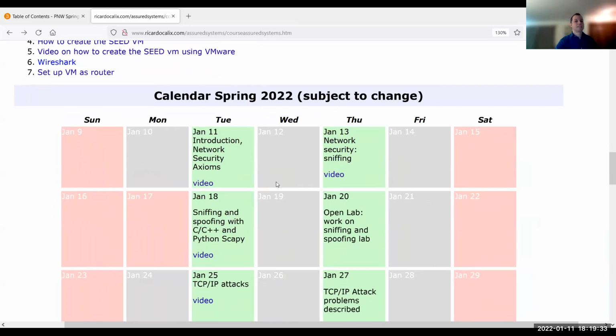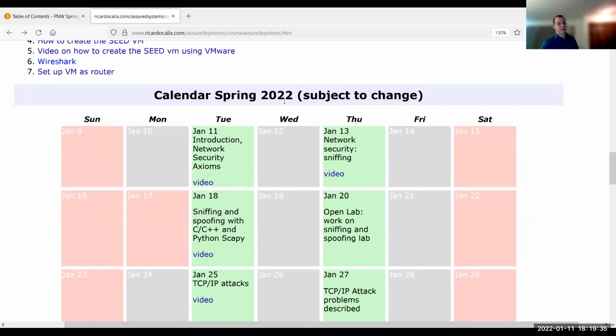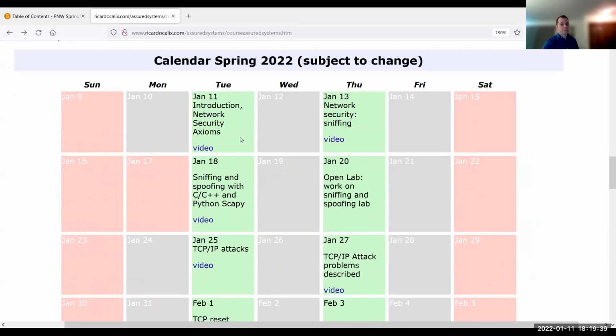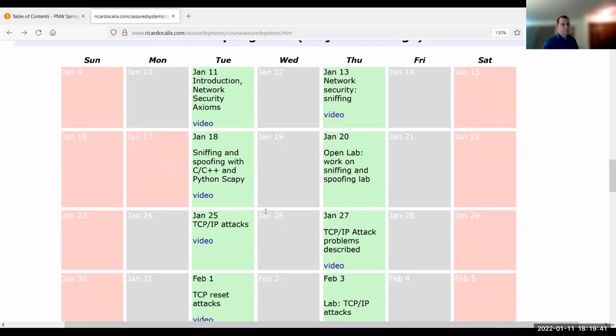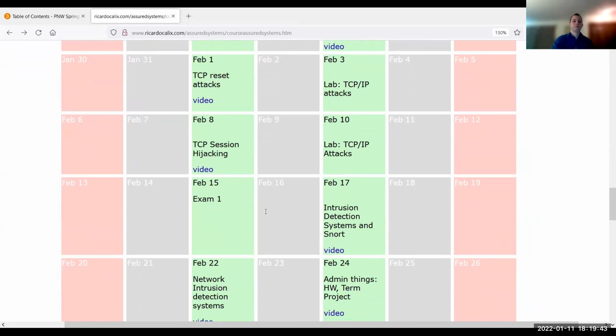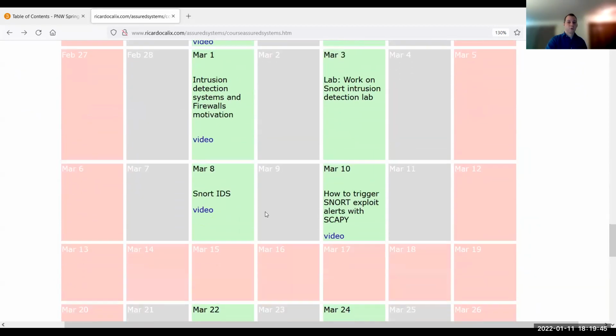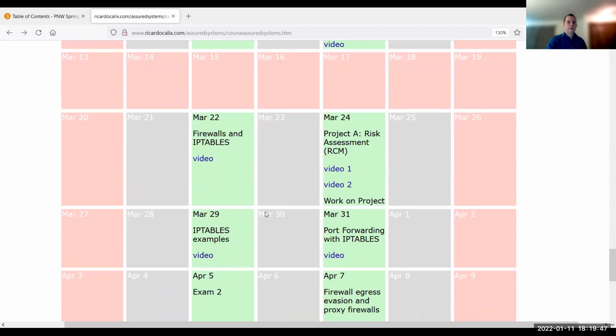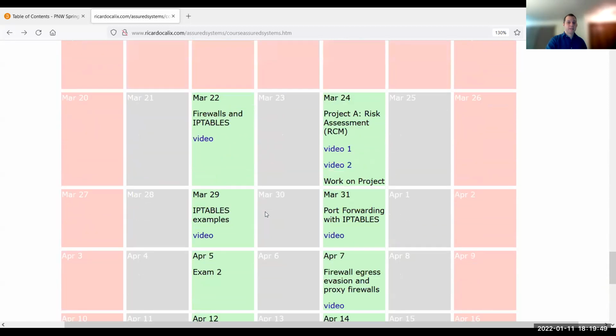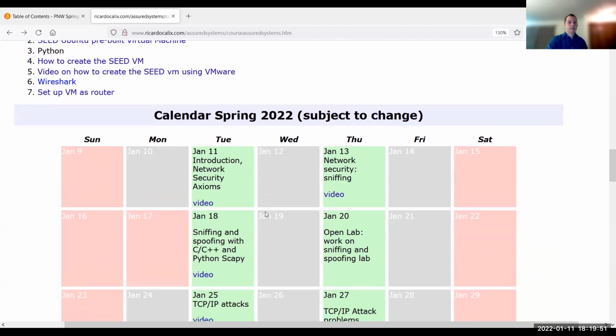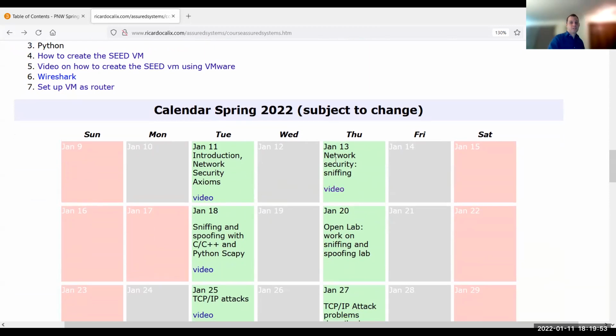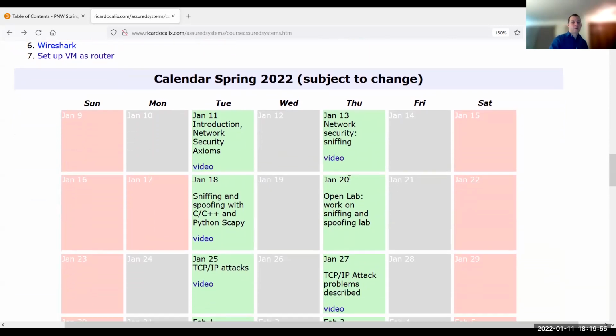So as you can see, this is the schedule that's laid out. I've updated it. It's got the videos from last year, pretty much. So this is generally speaking how I plan to go about the course. As you can see, it'll start specifically with just the intro today. What is sniffing the network?